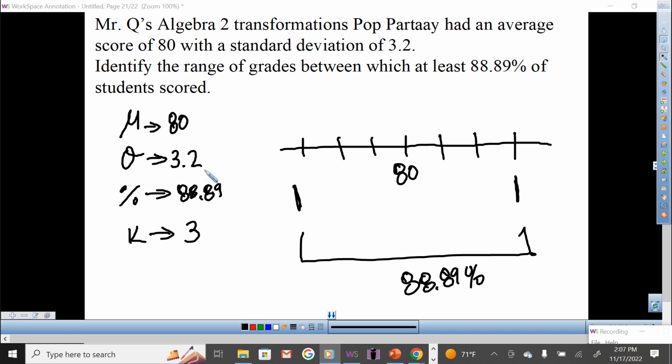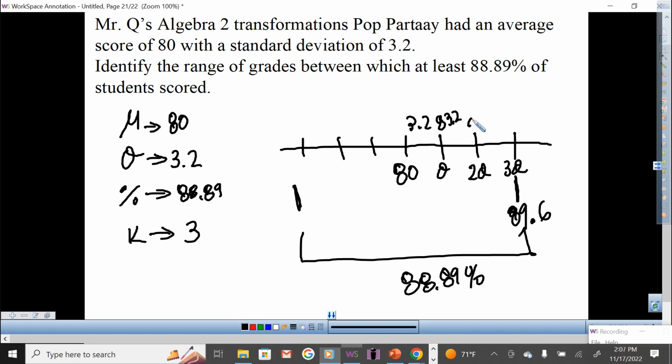All right, so let me pause that really quick. So if we go standard deviation 3.2, after 1 standard deviation, 2 standard deviation, 3 standard deviation, so that is 3 times 3.2, that's 9.6, is that correct? So that lands us at what? 89.6. Or just go 3.2 at a time, so that is 83.2, and this is 86.4, and we end up at 89.6.